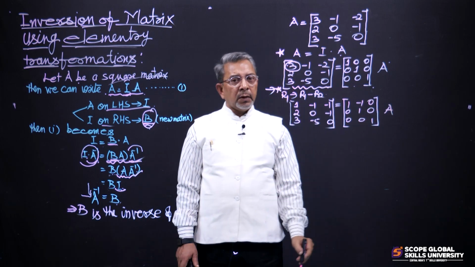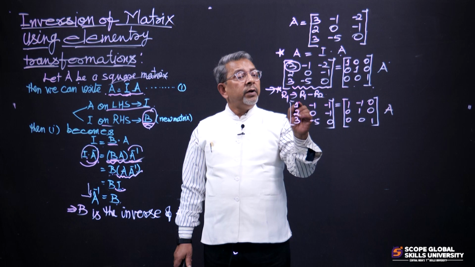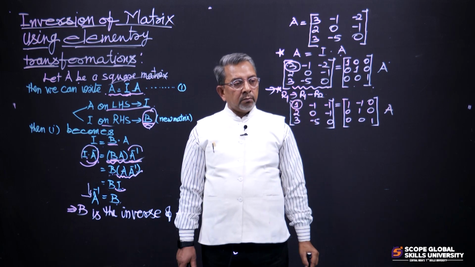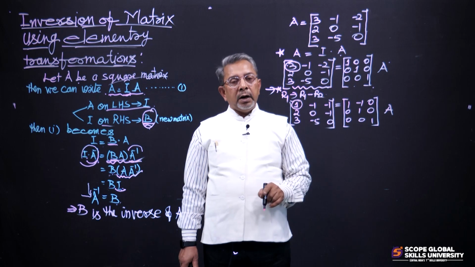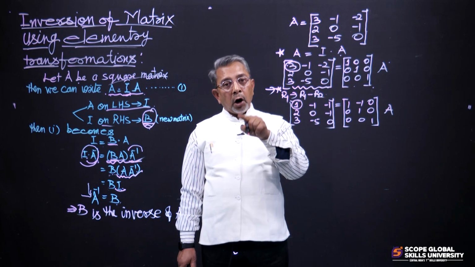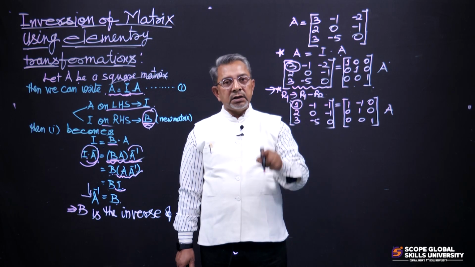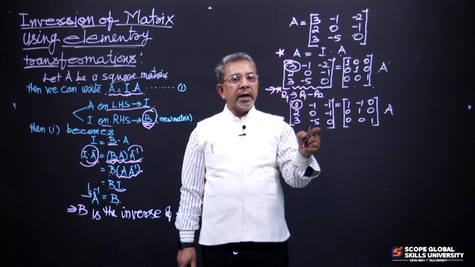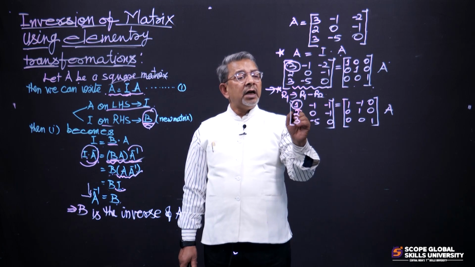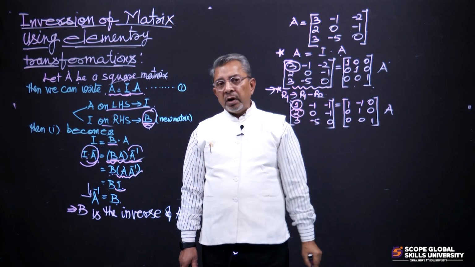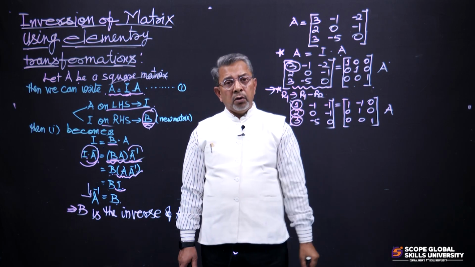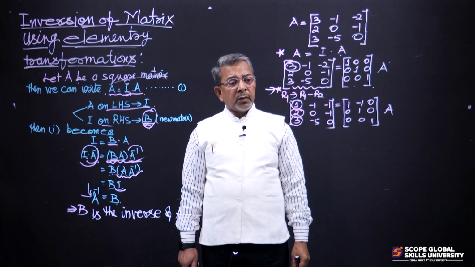So here we get the leading element 1, and we know very well that the first column of the identity matrix is 1 0 0 in case of 3 by 3. So next we have to reduce this element to 0, as well as the third, this is also to 0.